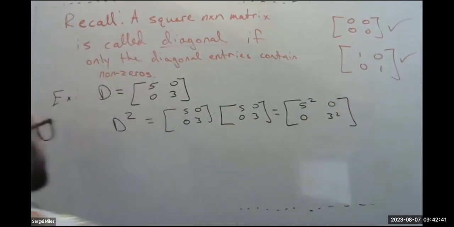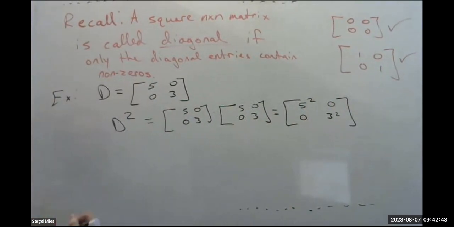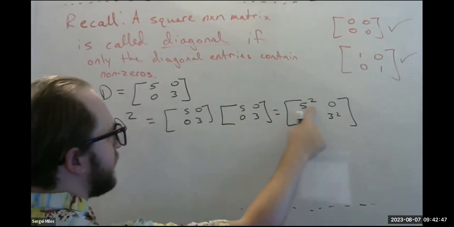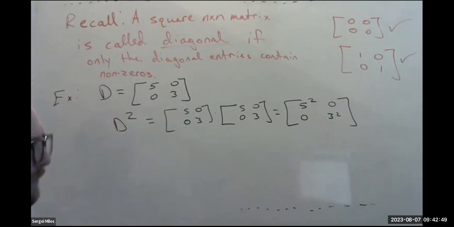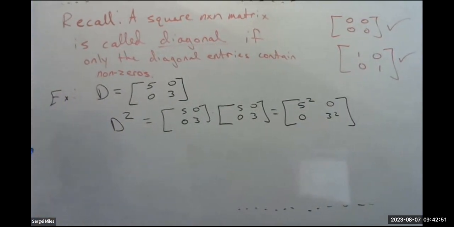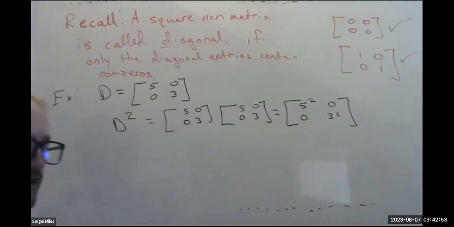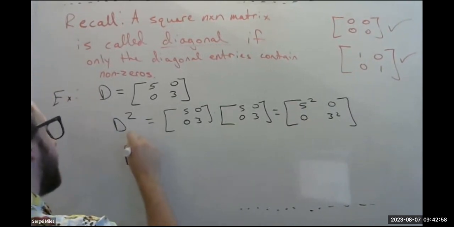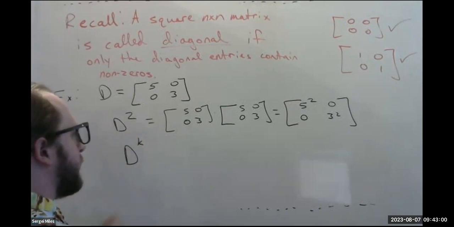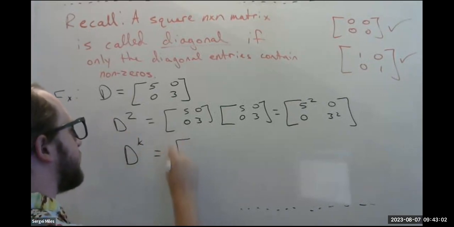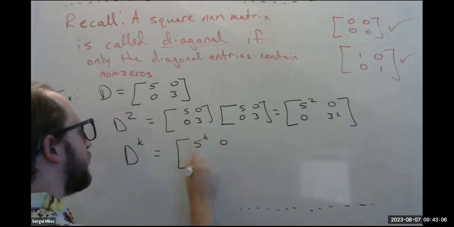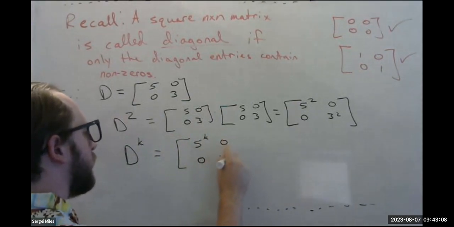Well, that's interesting. For this diagonal matrix, when I raise it to a power, it's the same thing as raising the diagonal entries to that power, right? So in other words, what's really nice and special about a diagonal matrix is that a diagonal matrix raised to any power is just the same thing as raising the diagonal entries to that power.